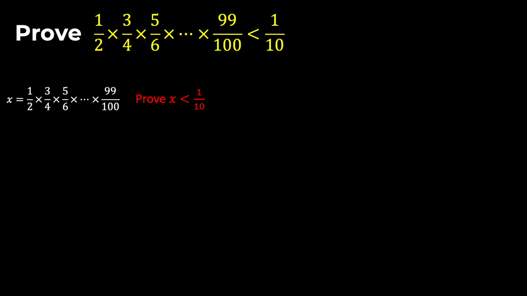Next, I'm going to take each of these fractions, and add 1 both to the top and to the bottom of the fraction. For example, for 1 over 2, I'm going to add 1 both to the top and to the bottom, and I will have 2/3.